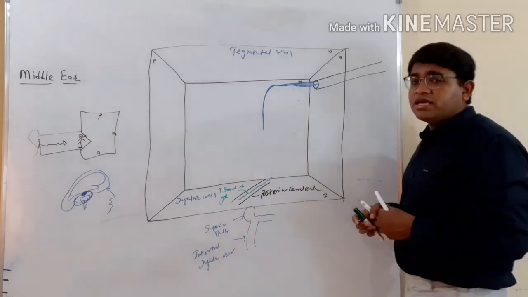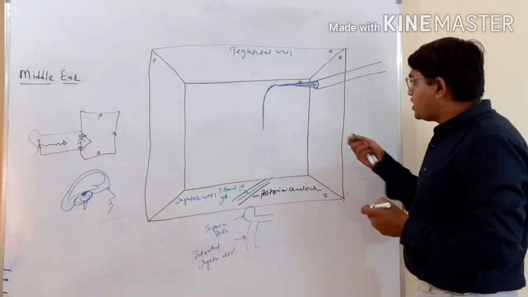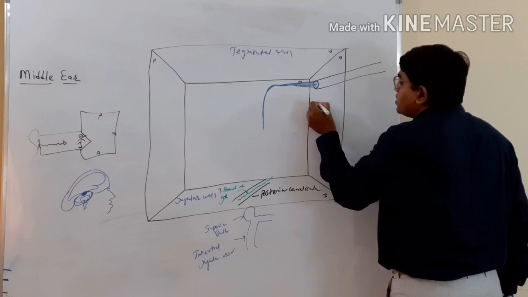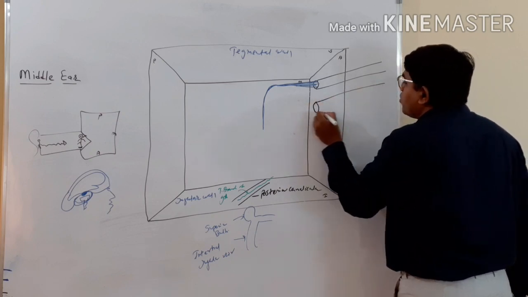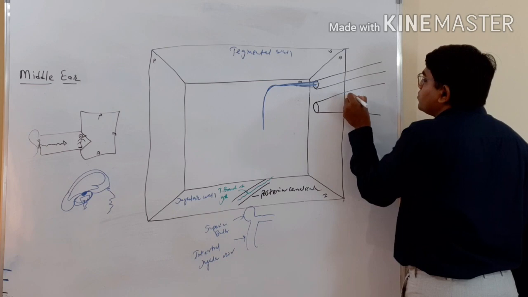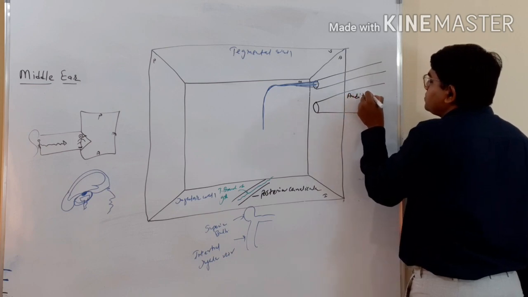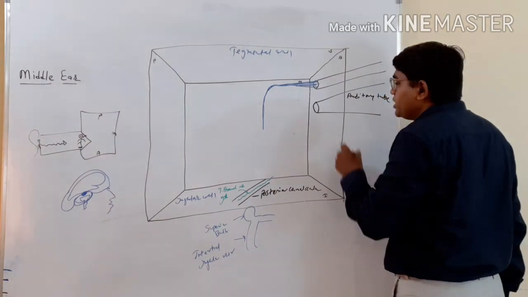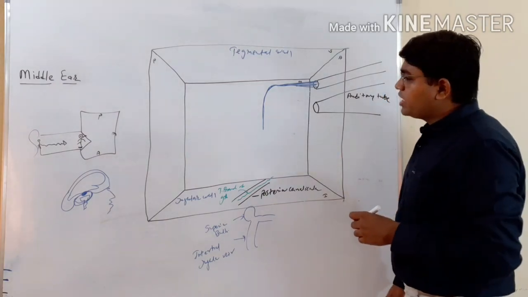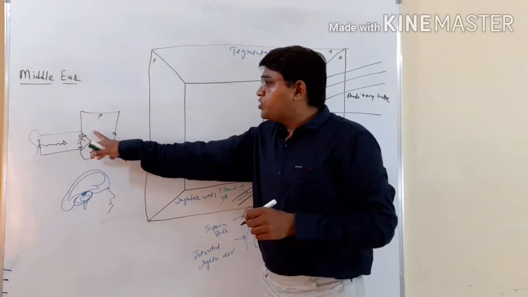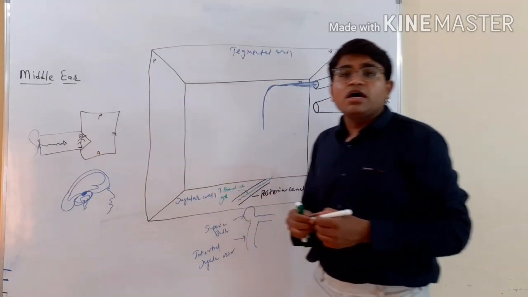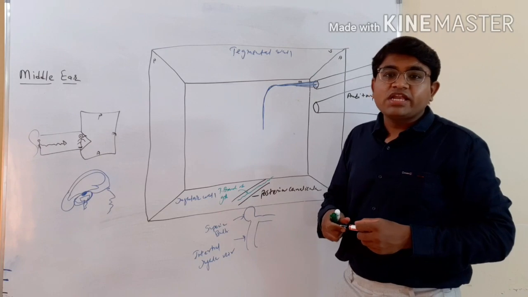Inferior to this canal, there is one other opening, the opening of the auditory tube. As we have already seen, the auditory tube communicates the middle ear cavity to the nasopharyngeal area.